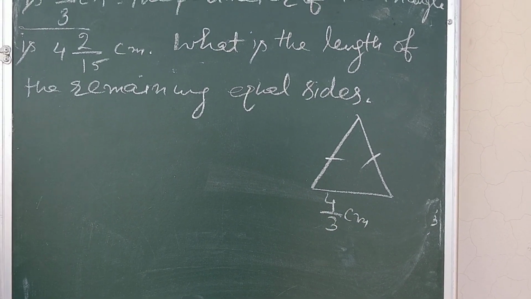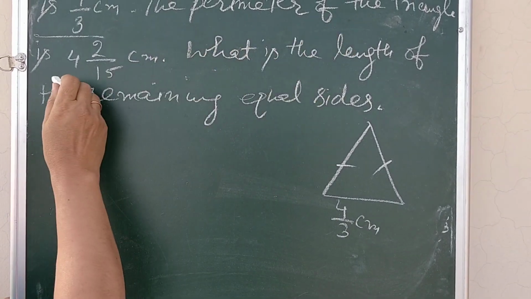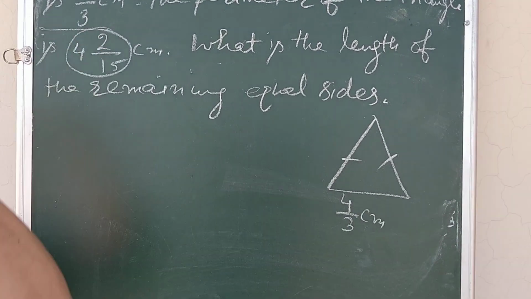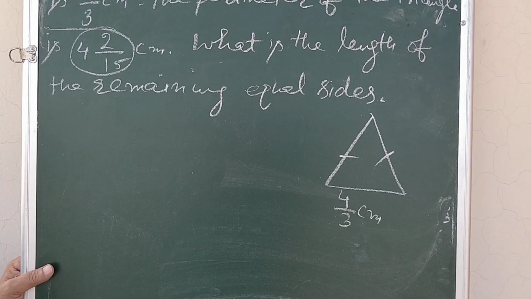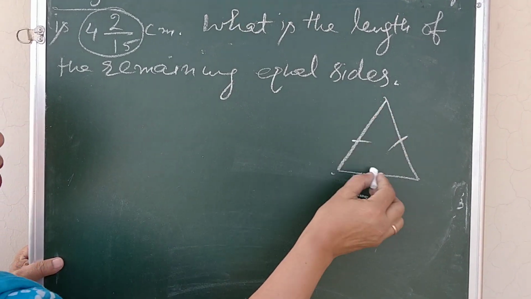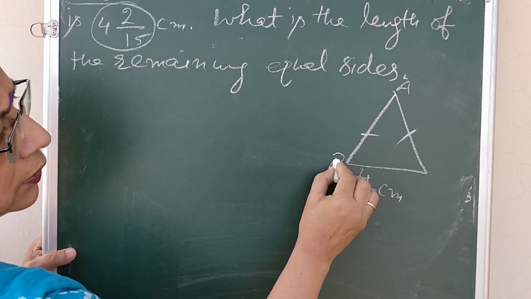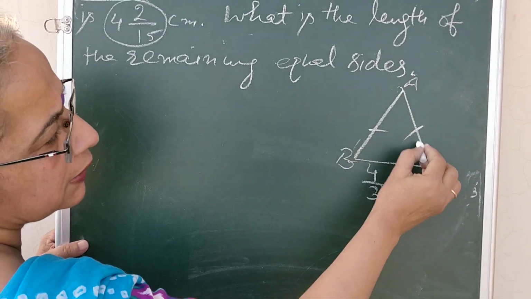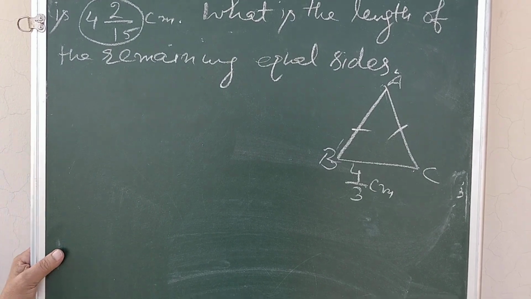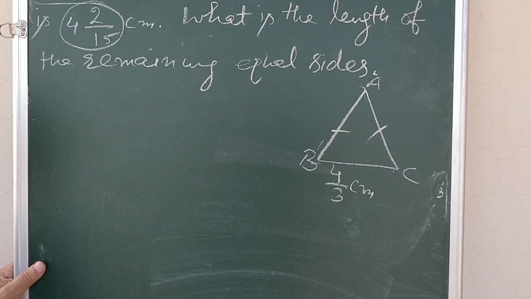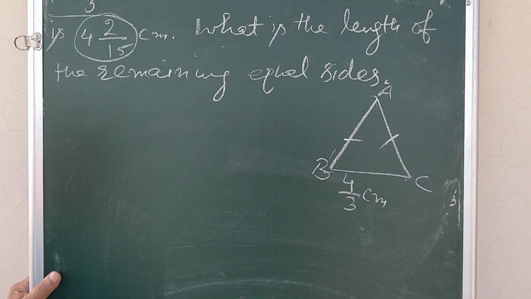Then what is given next? The perimeter of the triangle is 4 2/15 centimeter. Perimeter means sum of all the sides of the triangle. AB, BC, AC, the total of these is 4 2/15 centimeter and the base is 4/3 centimeter.